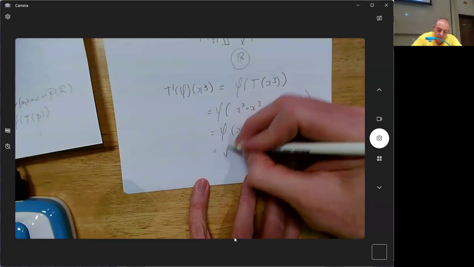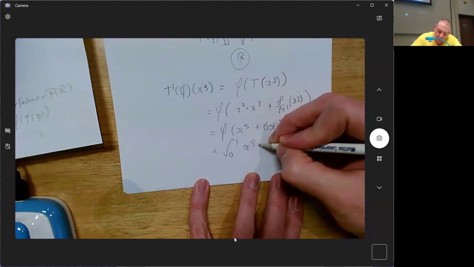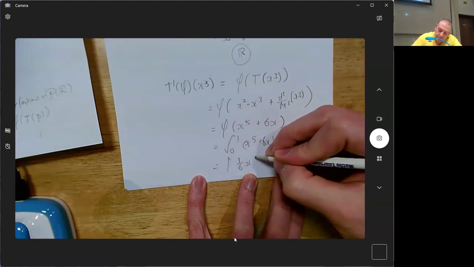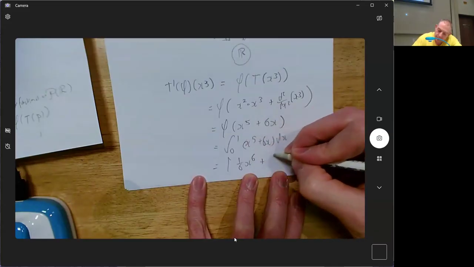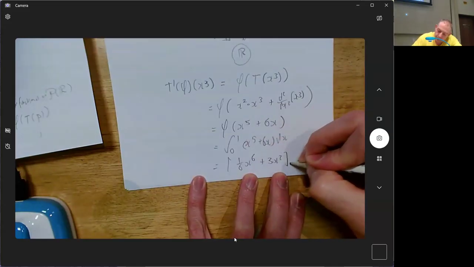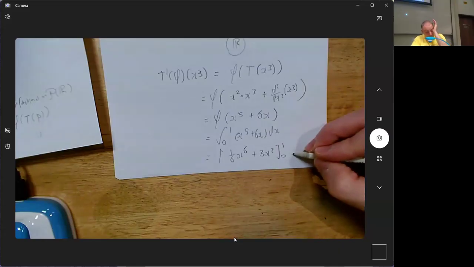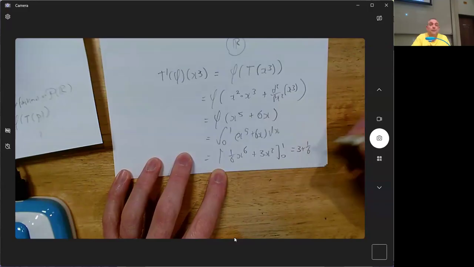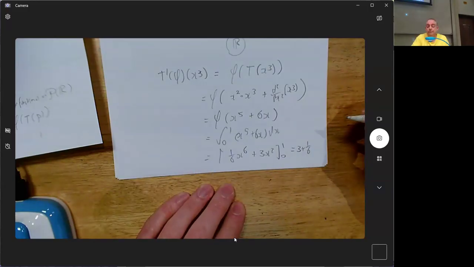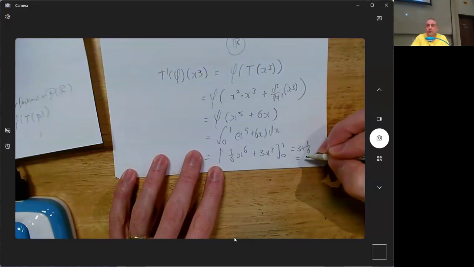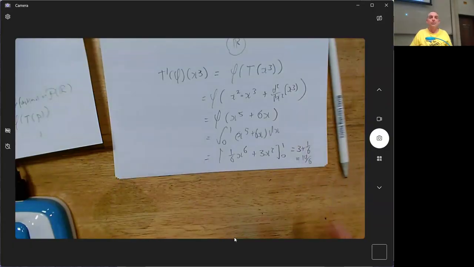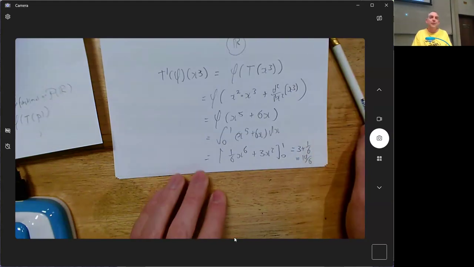And so that's the integral from 0 to 1 of x to the 5 plus 6x dx, which is 1/6, 3 1/6. So 19/6 if you really want to be all vulgar fraction on us.